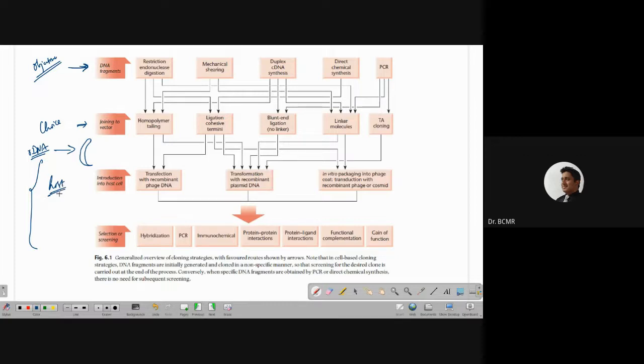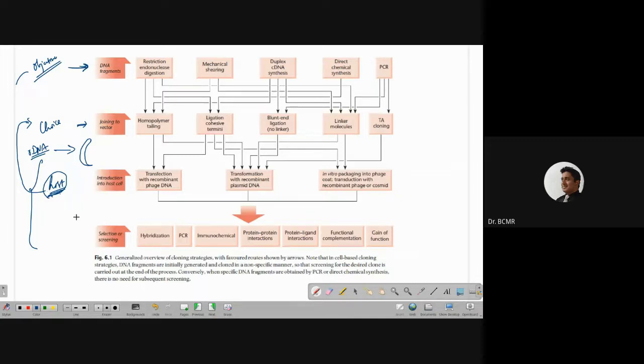And if that is the host, how is it going to impose restrictions on the type of vector we have? The host itself can be influenced by the type of gene, the source of the gene, and our objective of whether it is to just clone or to express. Many things will determine what kind of host we are choosing. It's like a plan all of a sudden comes about, because there is not one factor that is determining every other step.